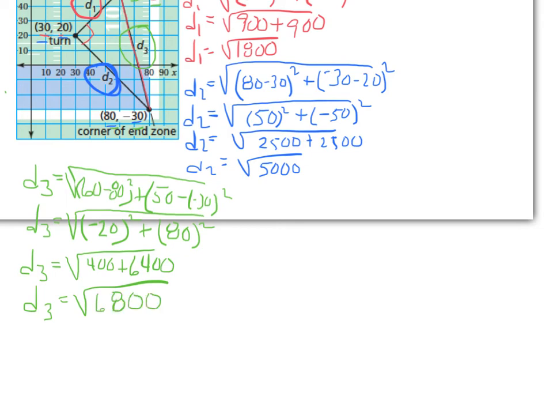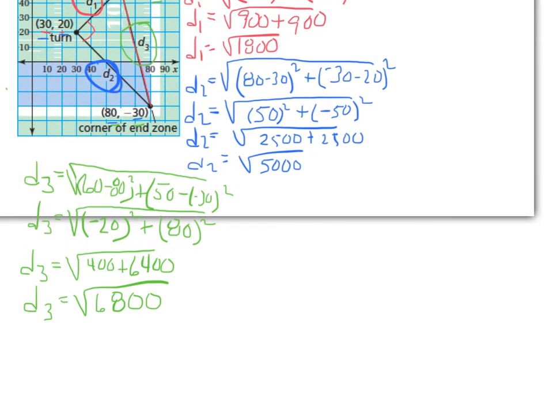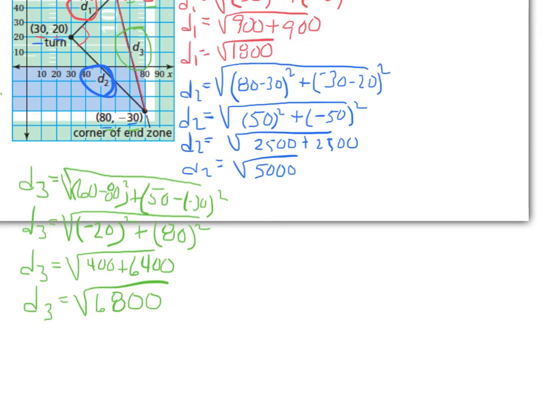So now we have all these distances. What are we going to do with them? Well, we're going to use the converse of the Pythagorean theorem. If this is a 90-degree turn, that means a squared plus b squared should equal c squared. So we're going to see if our distances fit that mold.